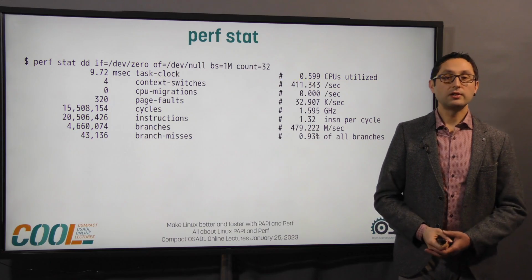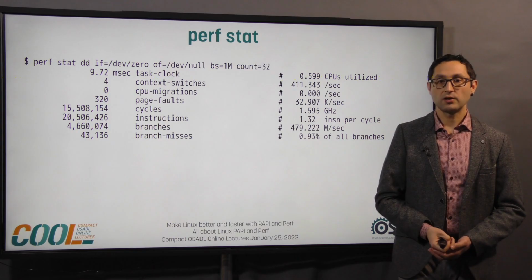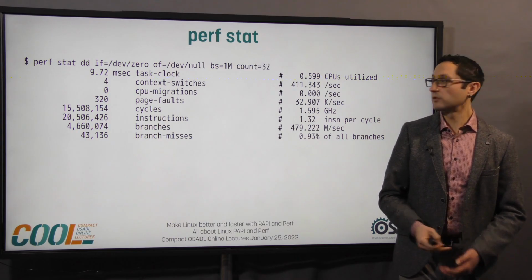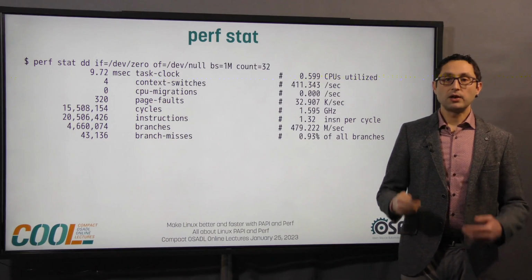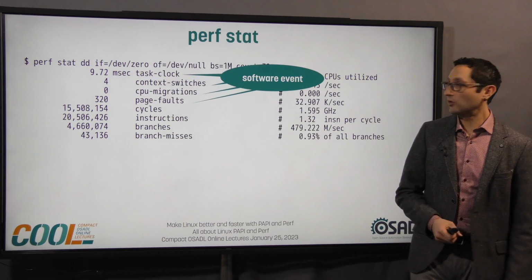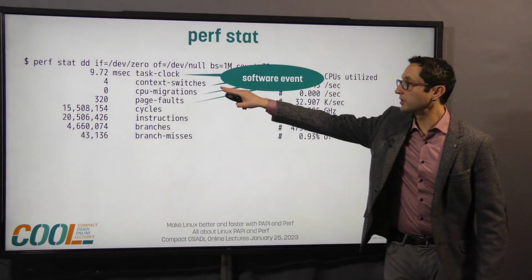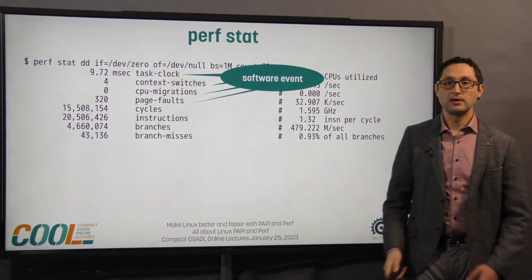Definitely this would look different for several architectures because hardware counters are different between CPUs, and therefore also the default set would look slightly different here. But from the principle, it's always the same. You have a default set of software events. We've already talked about these: context switches, CPU migrations, or page faults.